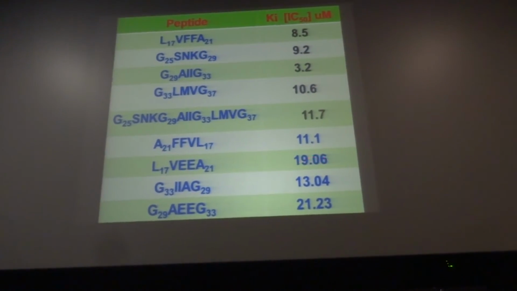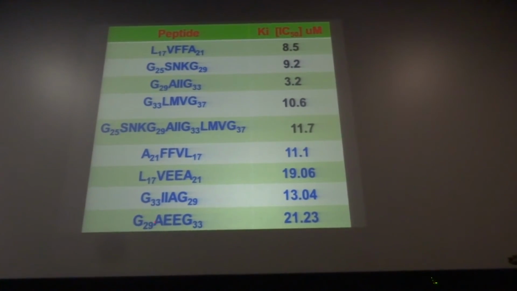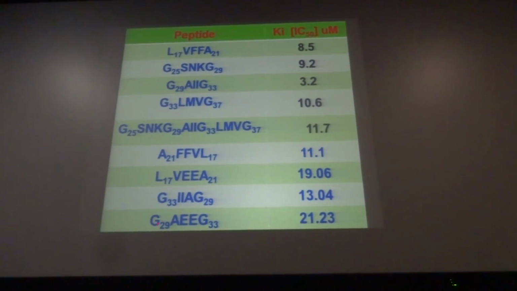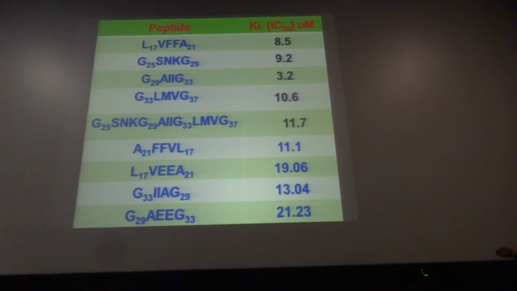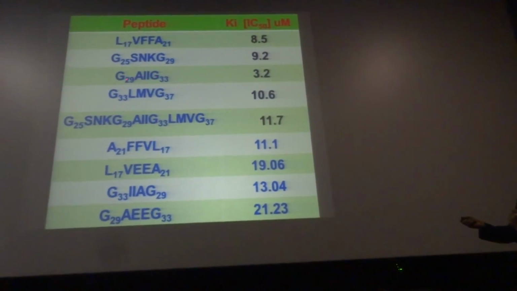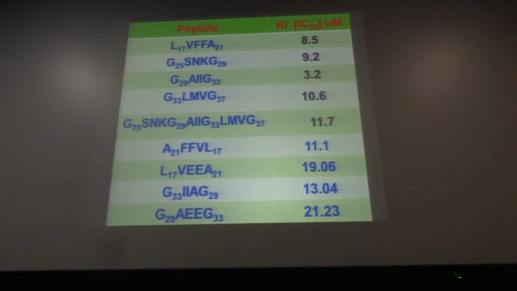We see we go out to about 19, and here we've gone from the isoleucine ones. There we have the glutamic acid on the 29 to 33, replacing the isoleucines, and we're out at 21. Most interesting is this one here of 29 to 33, which has the lowest Ki value of 3.2.